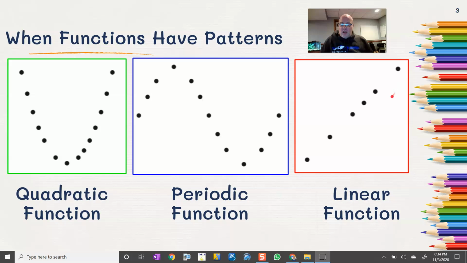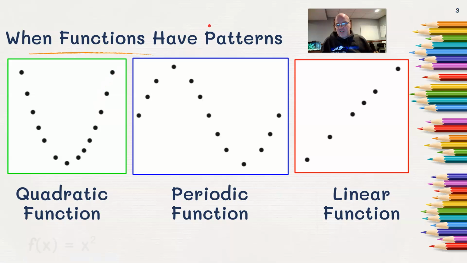And so we're going to be talking about how do we define the relationship between the input and the output in these linear functions, or even the quadratic functions or the periodic functions. And this is where your equations come in. So in a quadratic function, it might be very easy to think of f of x as equaling x squared.